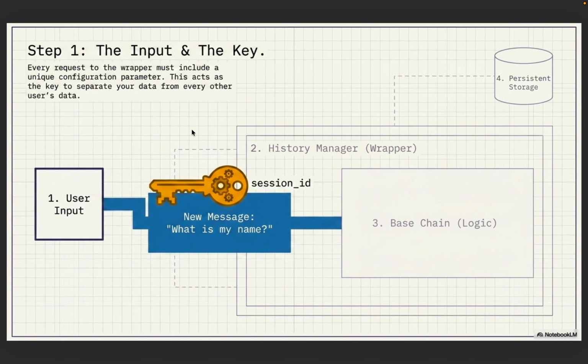If I change the session ID to 546, the wrapper will check for session ID 546, will not see anything in the history, and will say, I don't know who you are. So the session ID should be unique, and based on it the wrapper takes the context from the chat history. I believe you have a clear idea about the session ID.